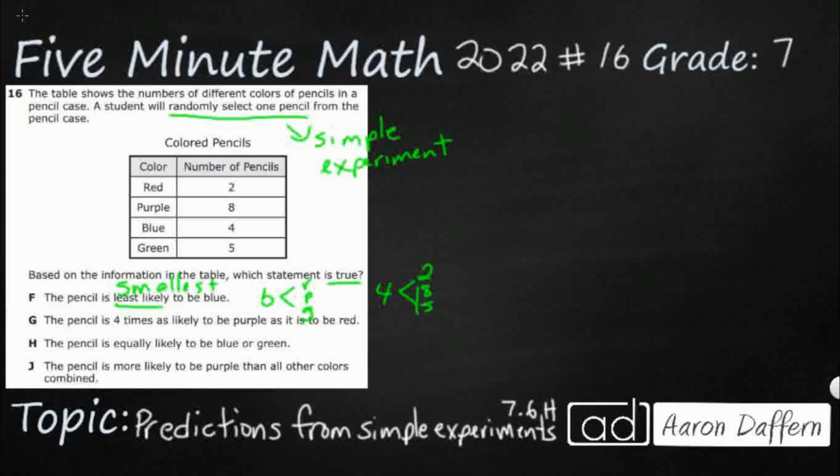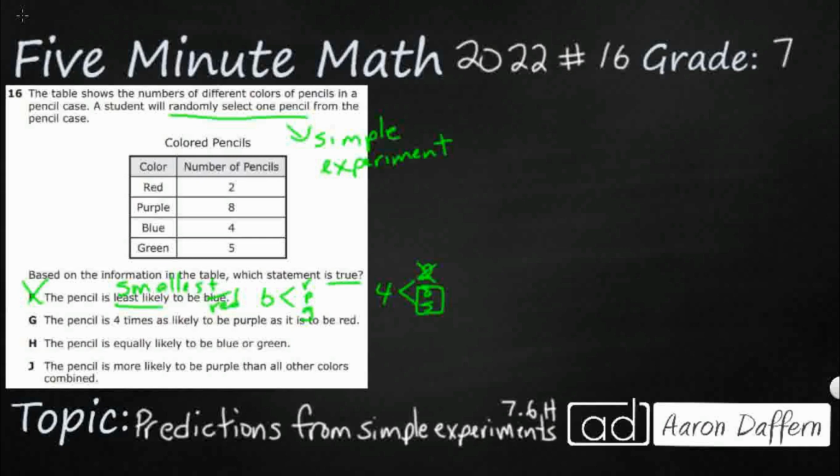Well, we're good here, but here's my problem. The pencil is not least likely to be blue because 4 is not less than 2. It's actually least likely to be red. If you make this red, we are good to go, but it does not say red, it says blue. So my answer is definitely not F.